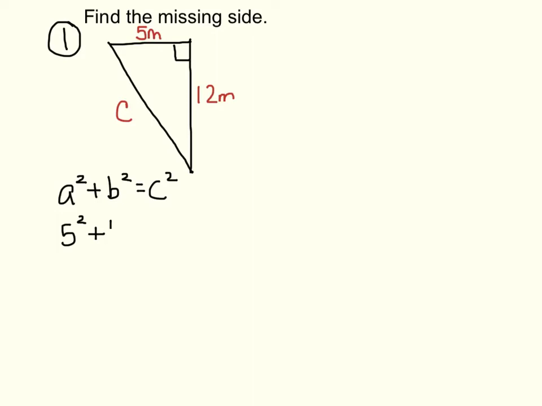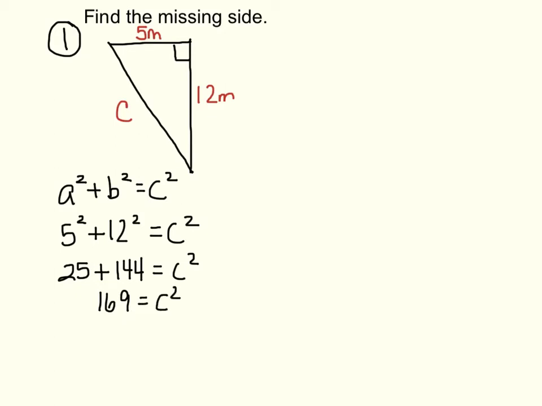5 squared plus 12 squared equals C squared. And now you just solve the equation. 5 squared is 25. 12 squared is 144. 144 plus 25 is 169 equals C squared. Now, to solve, how do you get rid of a square?